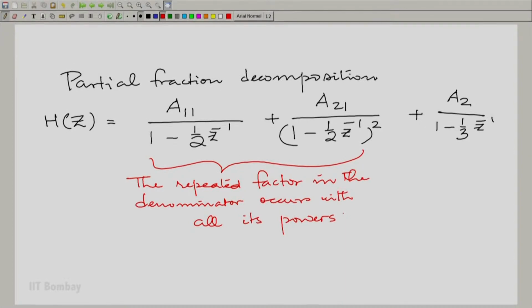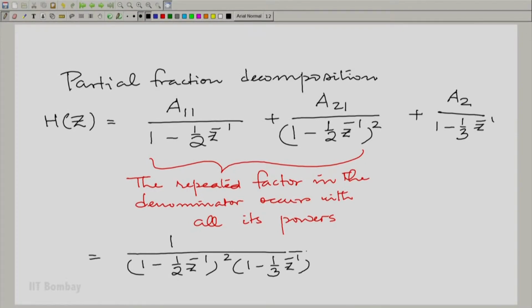So, of course, now if you wish to make a partial fraction decomposition, we must equate this. So, you equate it to 1 by (1 minus half Z inverse) squared into (1 minus 1/3 Z inverse), and let us find the easier ones first. So, we can find A21. How do we find A21?